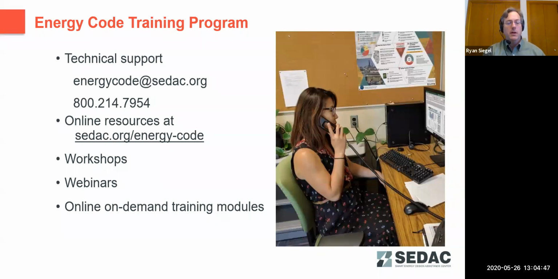If you need to interrupt the training for a time, you can come back and complete them later on. Those training modules tend to be geared toward the beginner end of the spectrum. They don't require people to have a very broad and deep understanding of the code to be successful in going through those training modules.